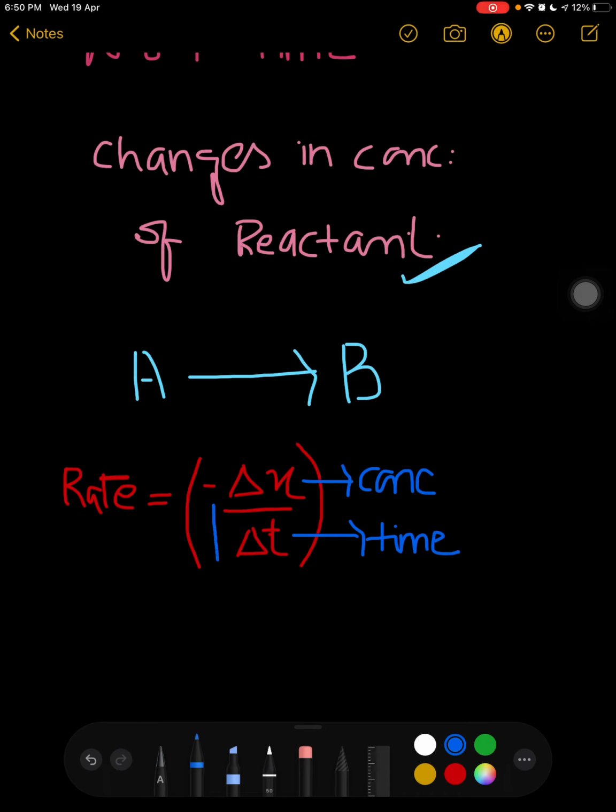This negative sign shows that the reactant is being consumed, and the product will be made. This is also known as the rate of disappearance.